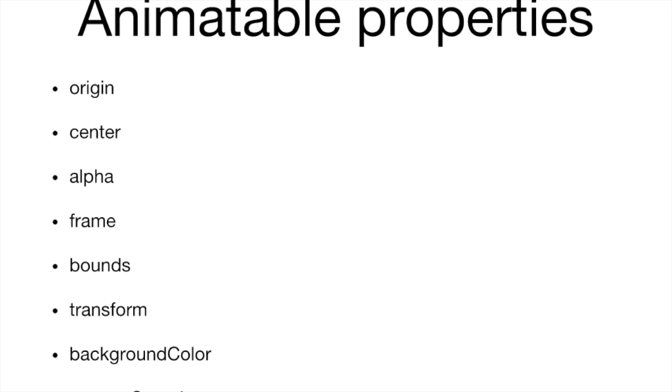And then alpha is the transparency. If you change the alpha to 0, it's totally transparent, so you can see through to the background. If you set the alpha to 1, it blocks the background. So you can play with that one.